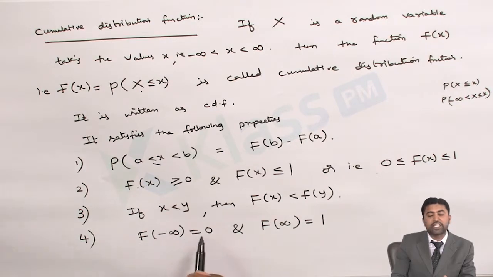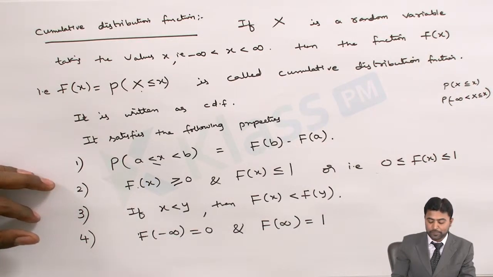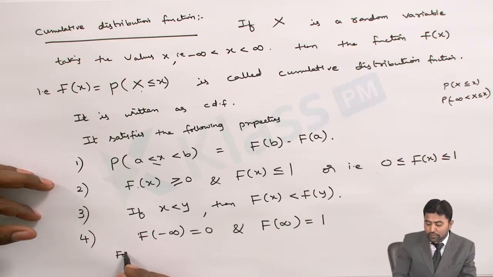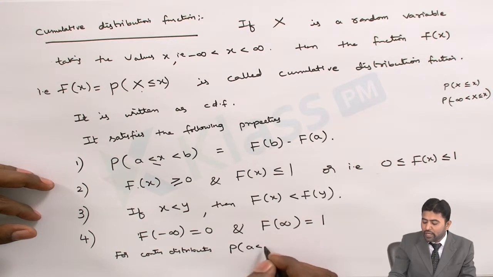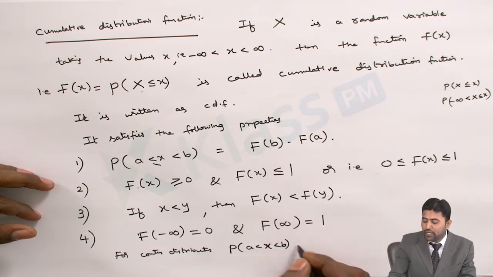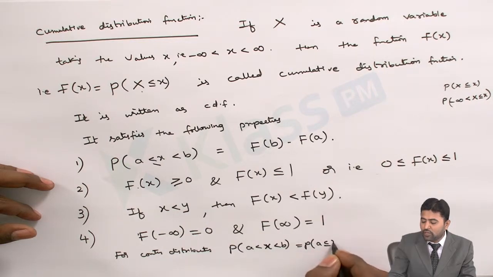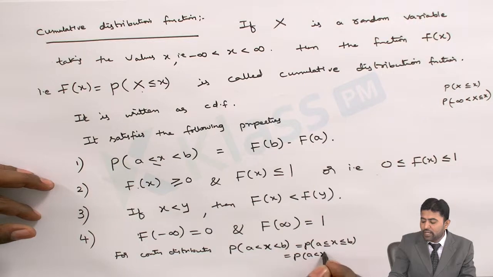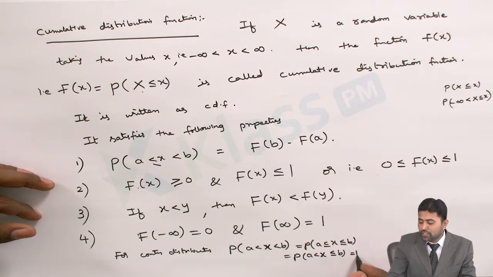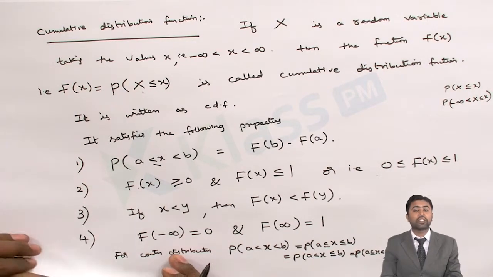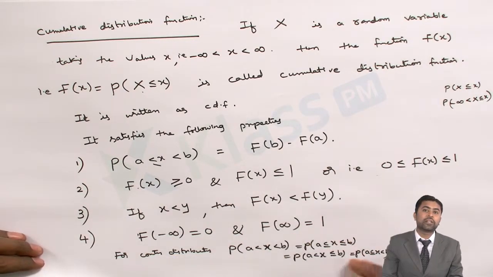And for continuous distributions, P of A less than x less than B is the same as P of A less than or equal to x less than or equal to B, which is equal to P of A less than x less than or equal to B, which is the same as P of A less than or equal to x less than B. In the continuous sense, these are all the same.